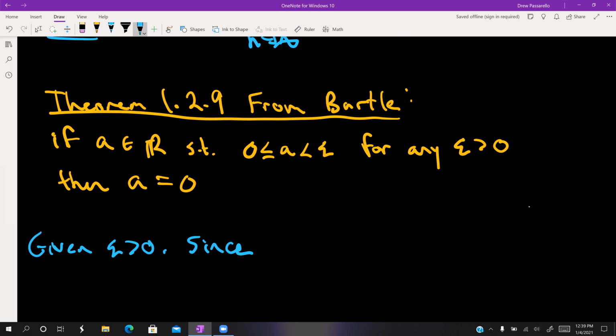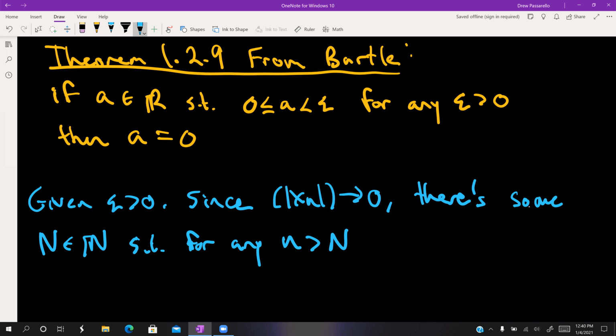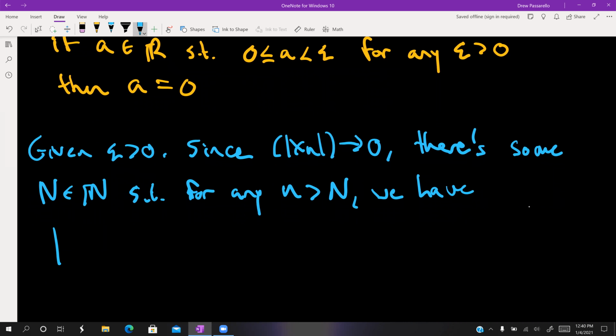Since the sequence of the absolute value of xn converges to 0, we know there's some capital N such that for all little n bigger than capital N, we have that the absolute value of xn minus 0 is less than epsilon. So that's what we know.